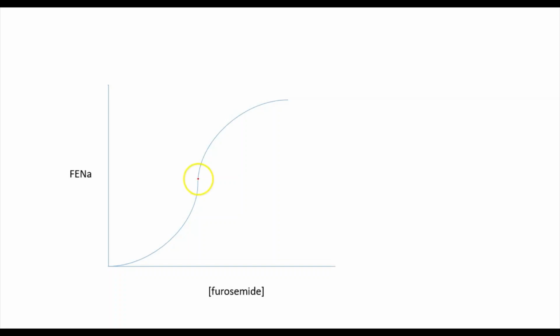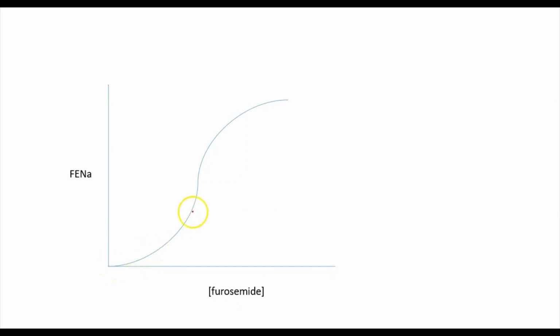But ultimately, when we're using loop diuretics to treat fluid overload, what we're trying to do is determine the threshold dose, or the dose where you're going to get effective diuresis. This concept stems from the non-linear dose-response curve of furosemide as shown here, where we have the fractional excretion of sodium or FeNa on the y-axis and the concentration of furosemide on the x-axis.